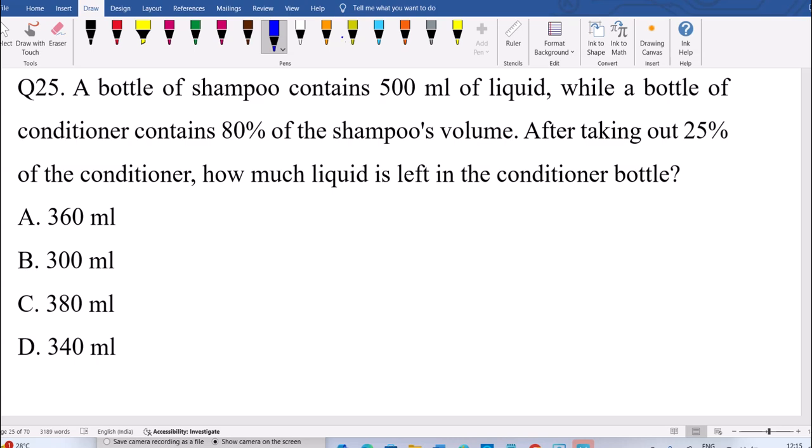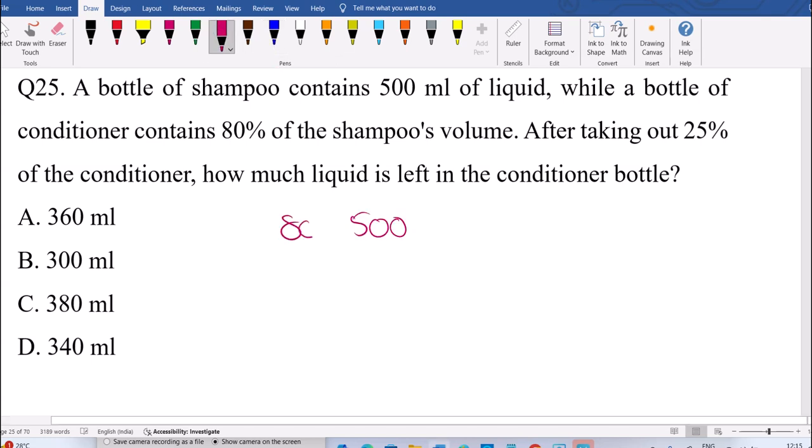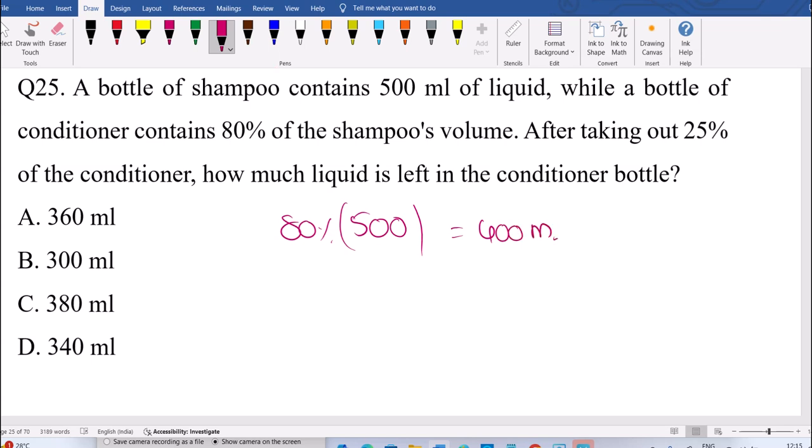Shampoo's volume is 500, 80% of that means 400 ml. Right, so conditioner is 400 ml. They said we have to take 25% of the conditioner out. How much liquid is left in the conditioner?